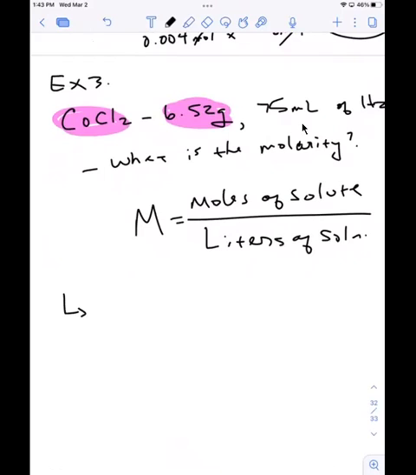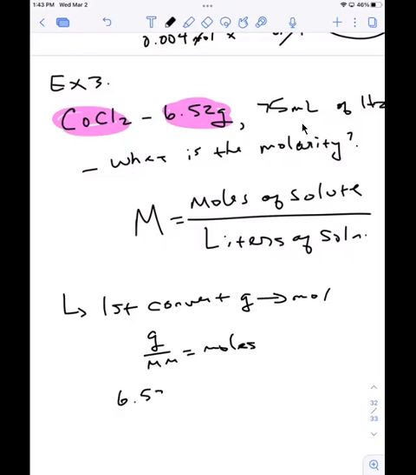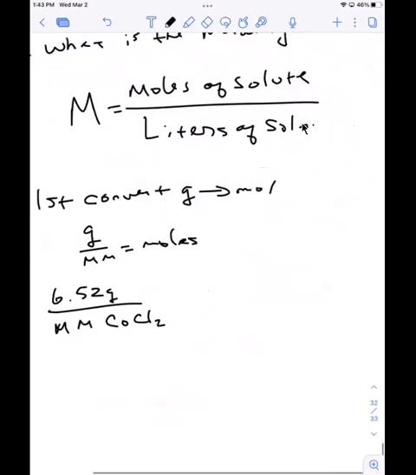From the chemical formula, we can determine the molar mass. So let's do what we just did. We need to first convert grams to moles, and we do that by, in this case, grams over molar mass will be moles. So we're going to take 6.52 grams divided by the molar mass of cobalt 2 chloride. And we can figure that out.